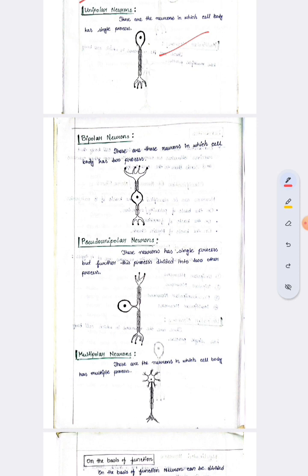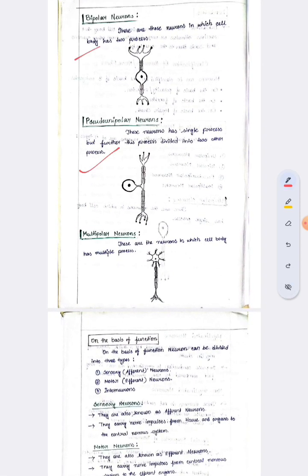Bipolar are those in which the cell body has two processes. Pseudounipolar neuron has a single process, but this process further divides into two other processes. Multipolar neurons are those in which the cell body has multiple processes.